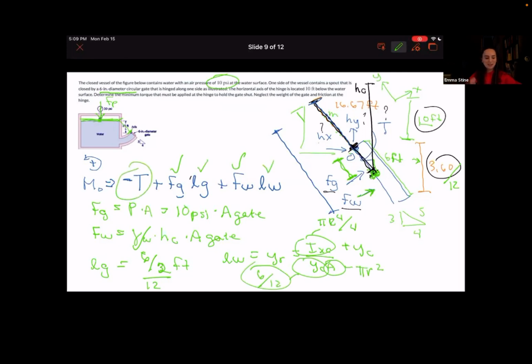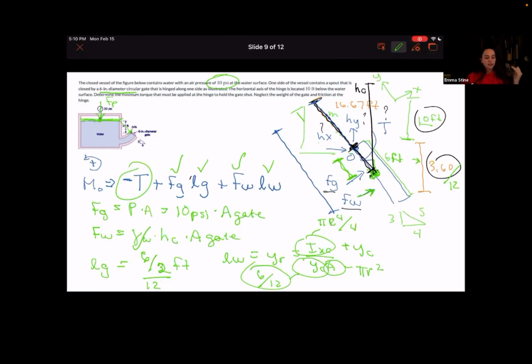I messed up in solving that answer, so do you guys have questions in solving that problem? The length of LW, the distance that we're solving for, isn't that acting at the centroid of the gate as well? Why are we doing the parallel axis theorem again? Is it because it's tilted? Well, the location of where the force of water hits the gate doesn't act at the centroid.